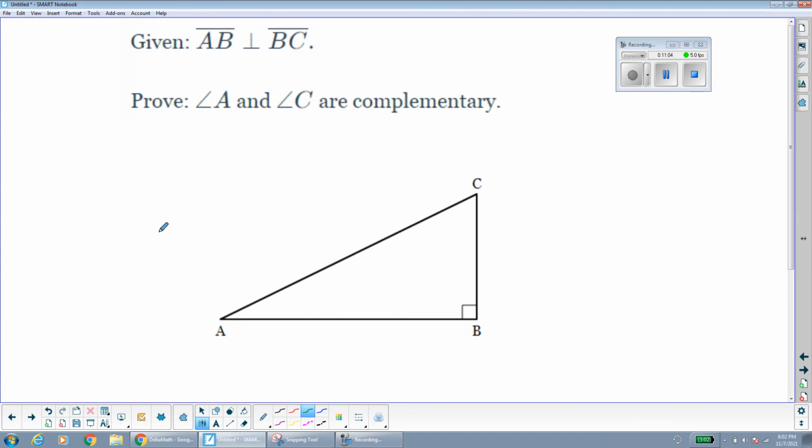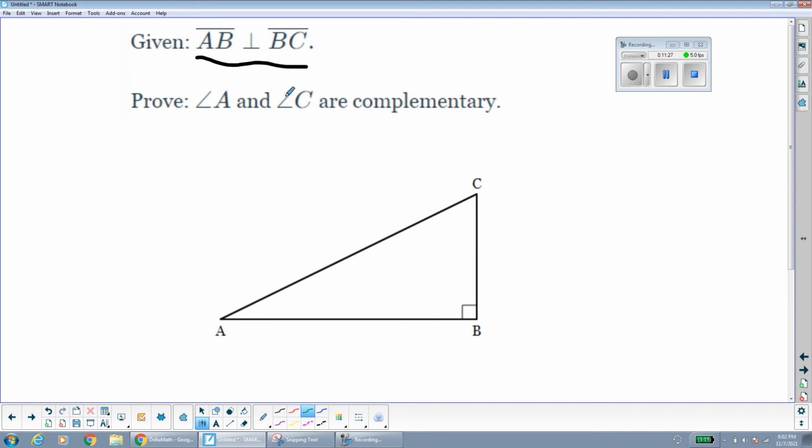So this one says, given AB is perpendicular to BC, we need to prove that angle A and angle C are complementary. So if I was going to write this out from knowing that AB is perpendicular to BC, I would be able to draw the conclusion that they form a right angle. And that's already here in the diagram for us.